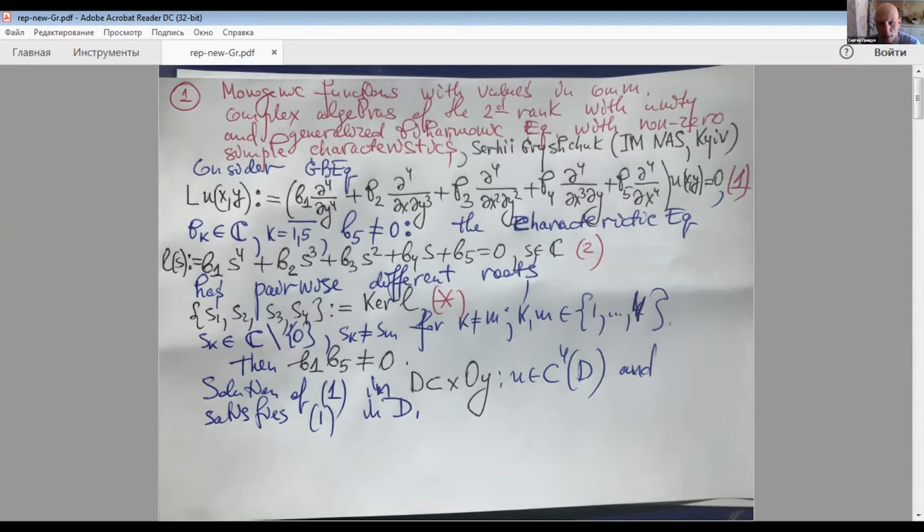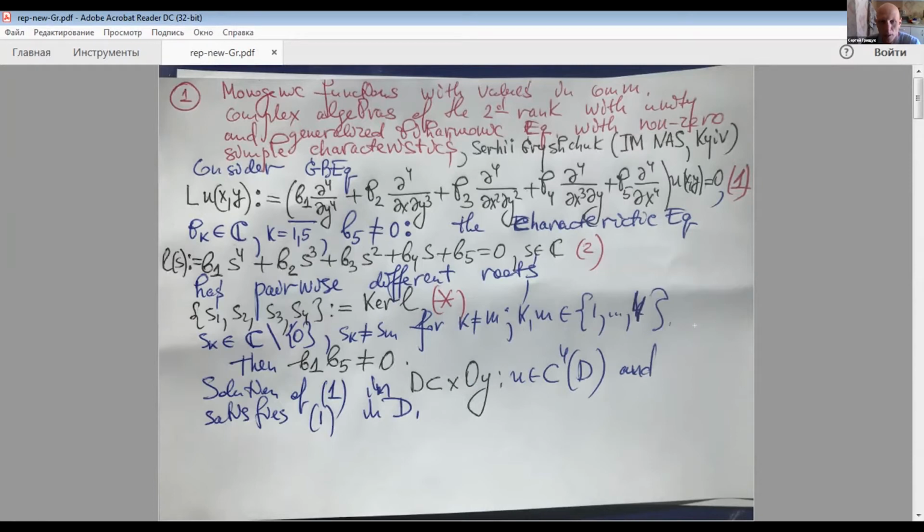We denote it by ker L, the star formula. So each root is a simple root, and all of them are different. A particular corollary from this is that B1 is also not equal to 0.